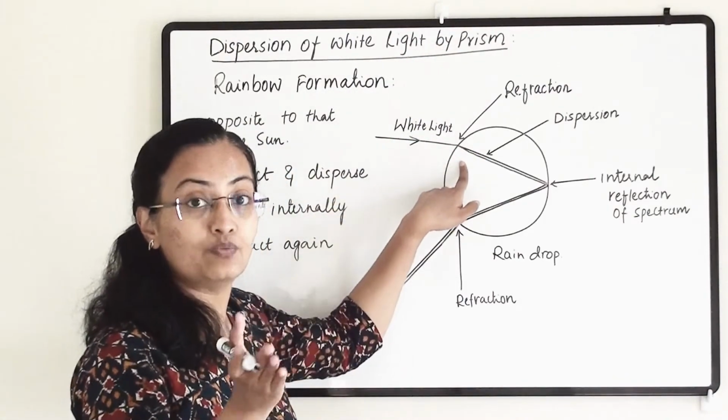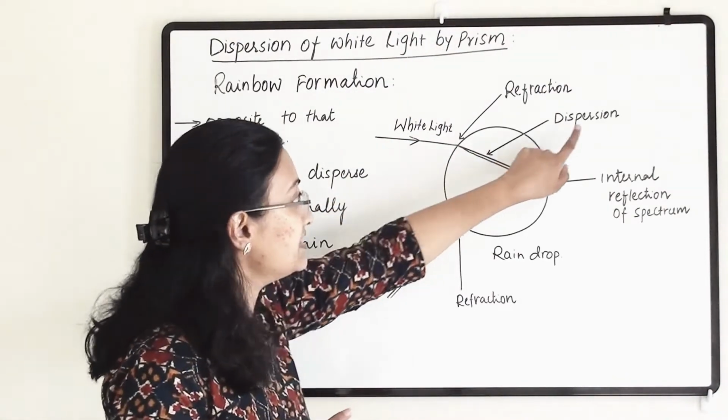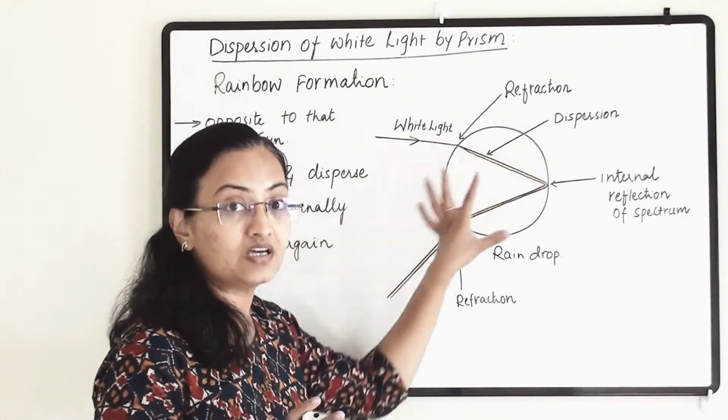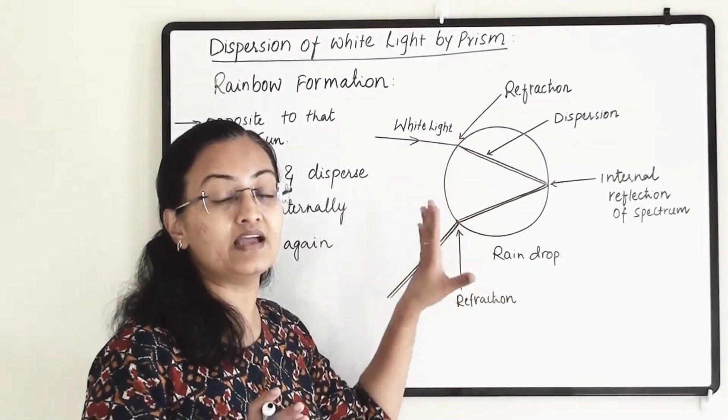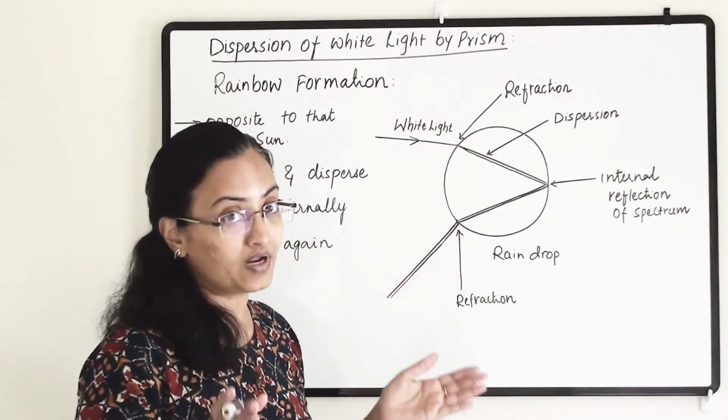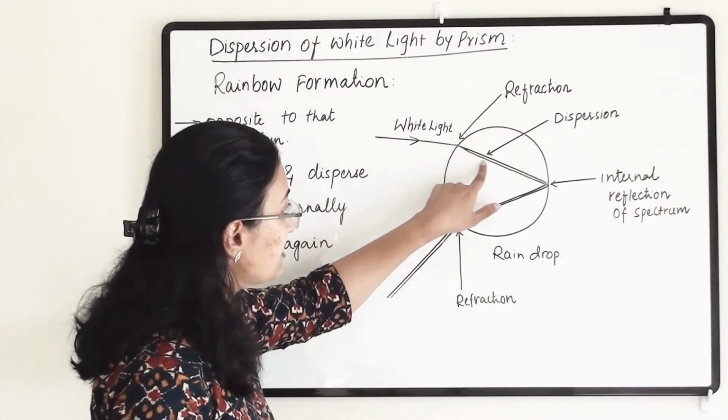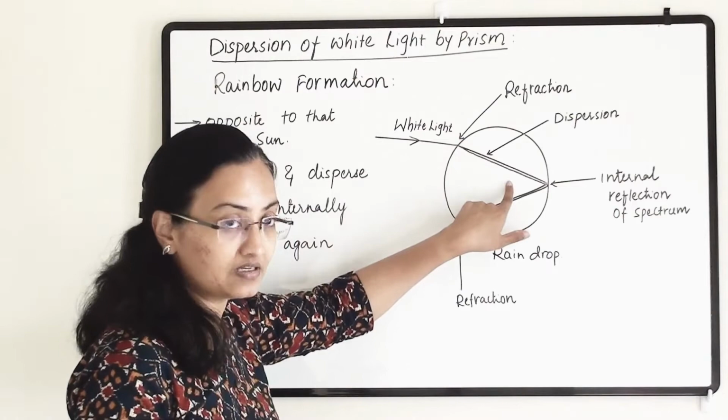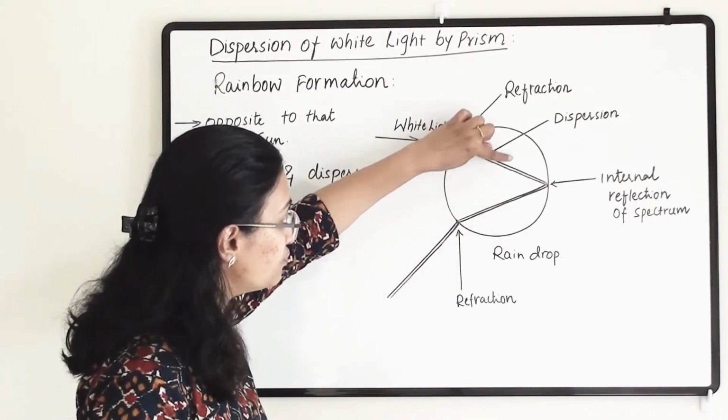So the white light will bend and simultaneously dispersion will happen, because here our raindrop is acting as a small or tiny prism. So it will split white light into 7 different colors. Here I have shown you only 2 rays.